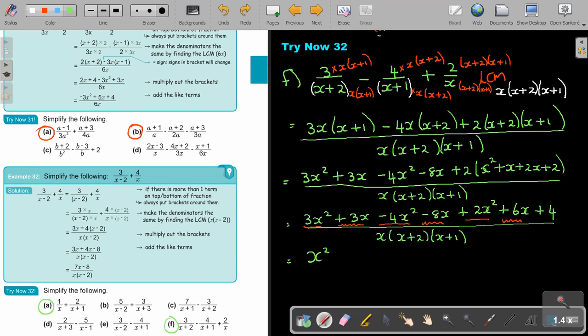This is 3, so it's minus 5 plus 6, so it's also just going to be x. And this one is going to be just that, 4. And it's going to be over my LCM, x plus 2, x plus 1. Okay, and that's how you do number F.